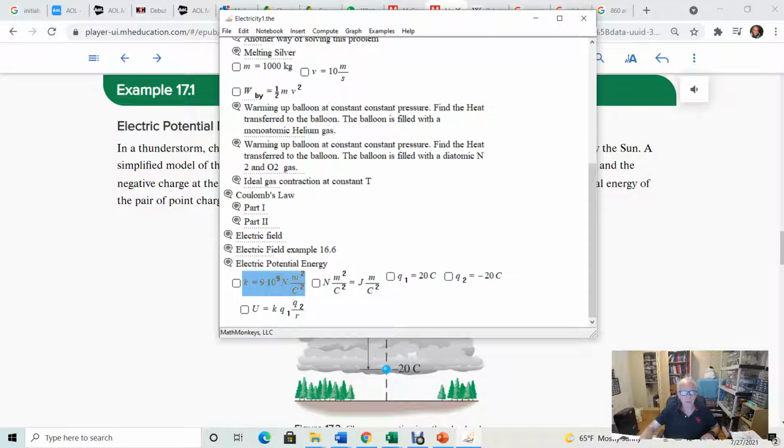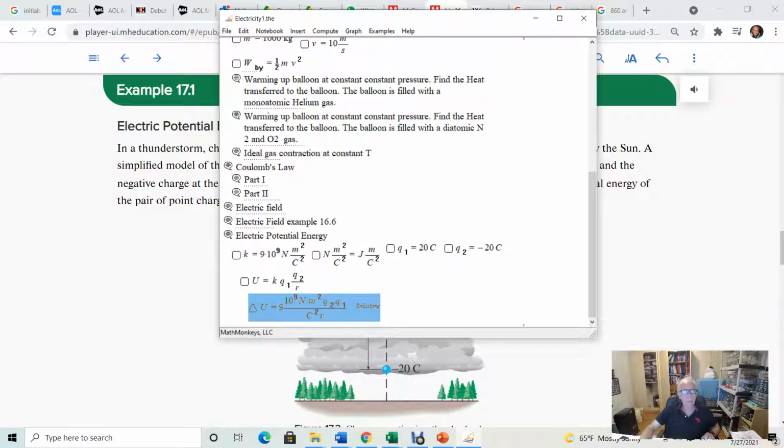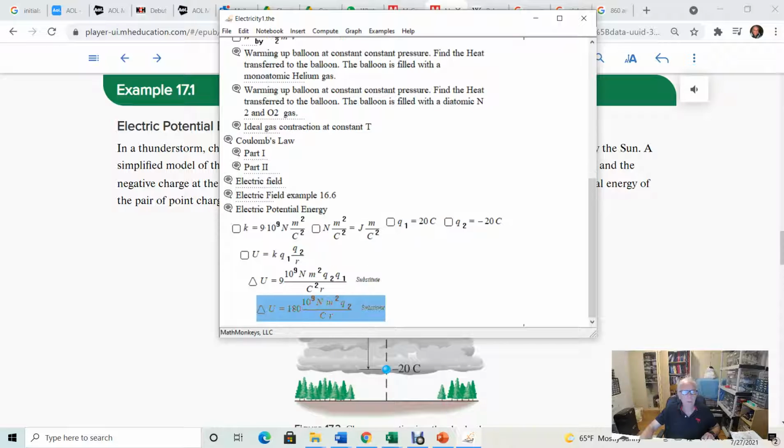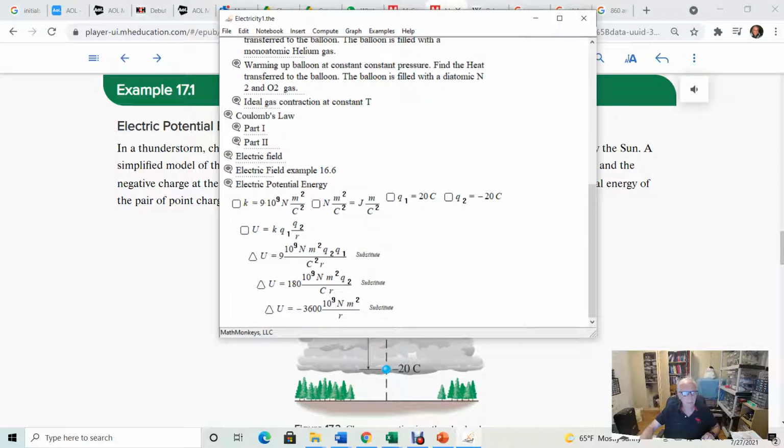Let's substitute those values. I'm gonna put K here. I'm gonna do it one by one, the long way. Q2 there, and Q1 there, and Q2 here. Note that the potential energy is negative. Oh, we gotta put the distance too, right?